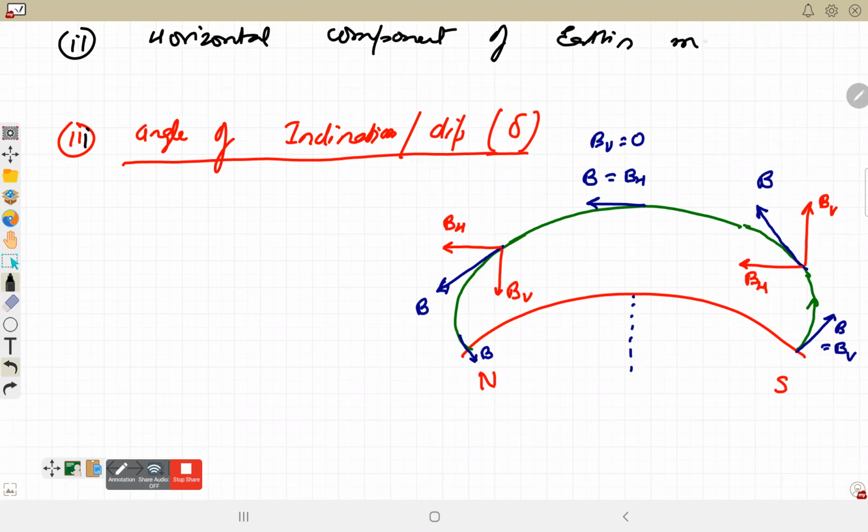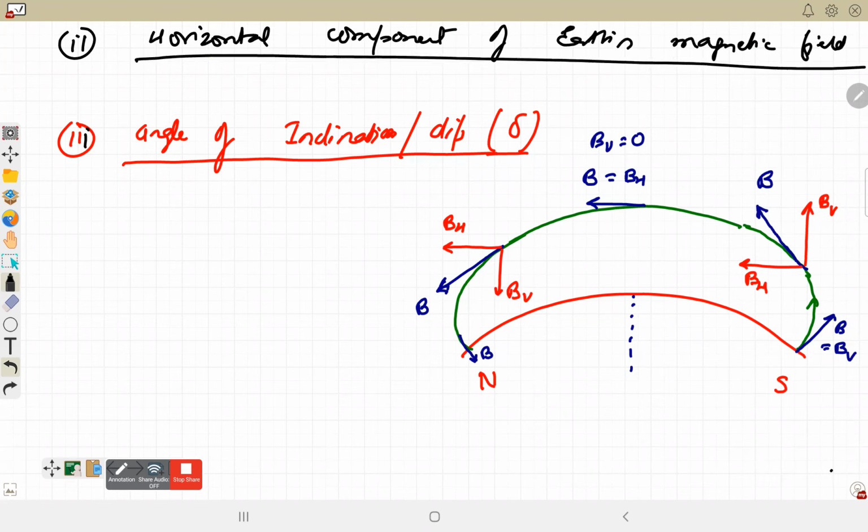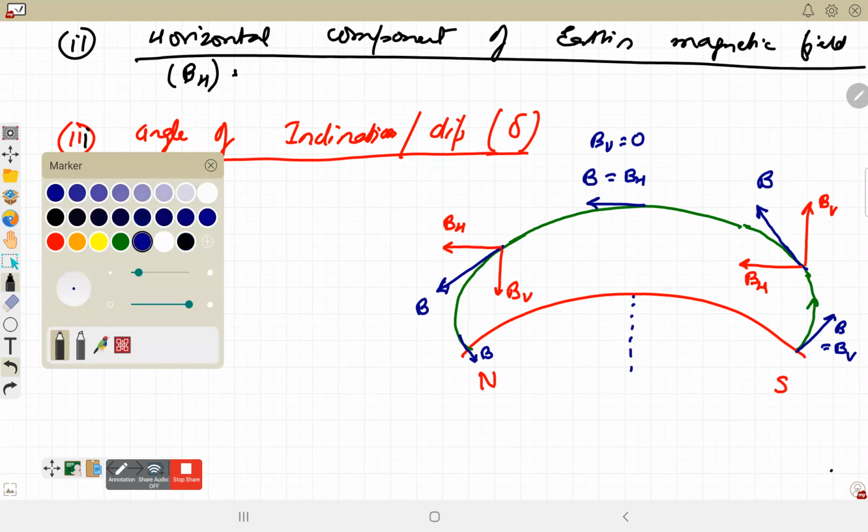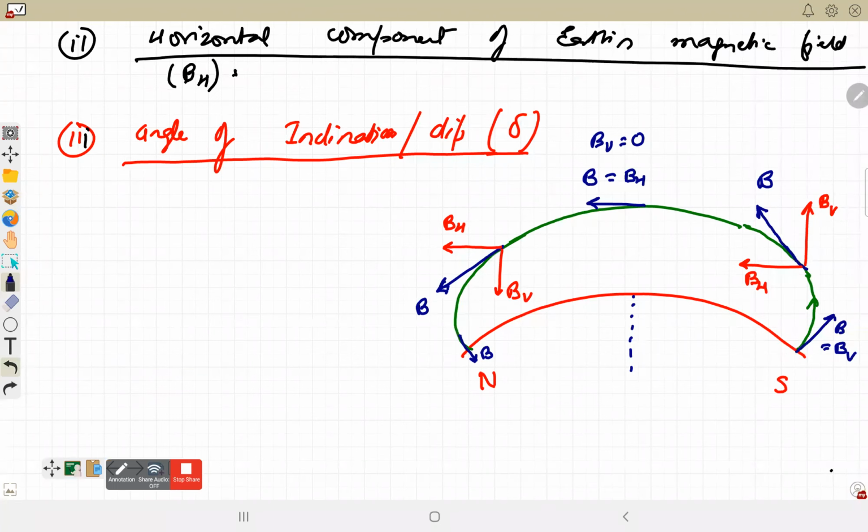Horizontal component of Earth's magnetic field, usually denoted by BH. The component parallel to Earth's surface.